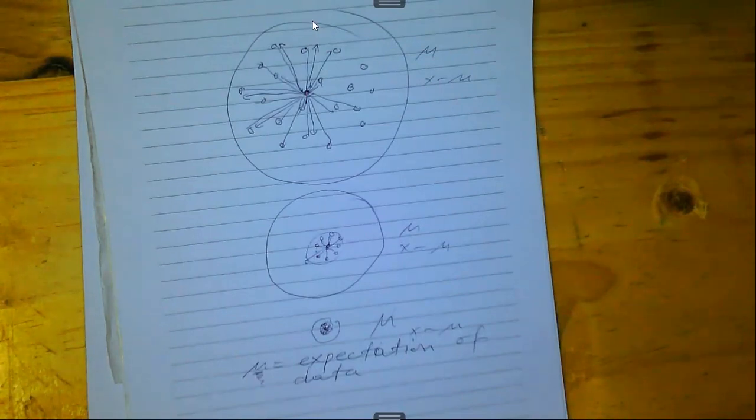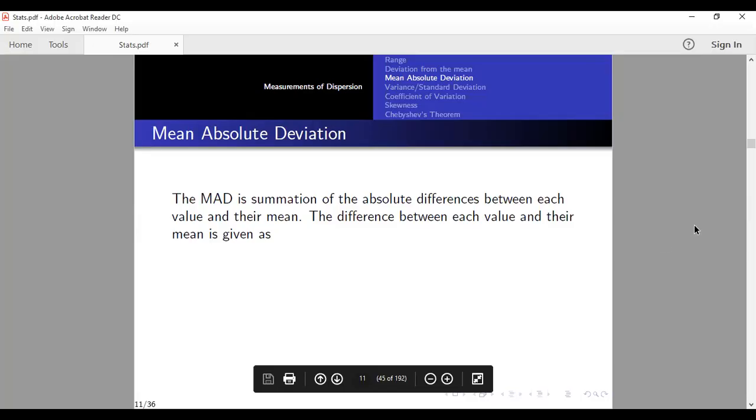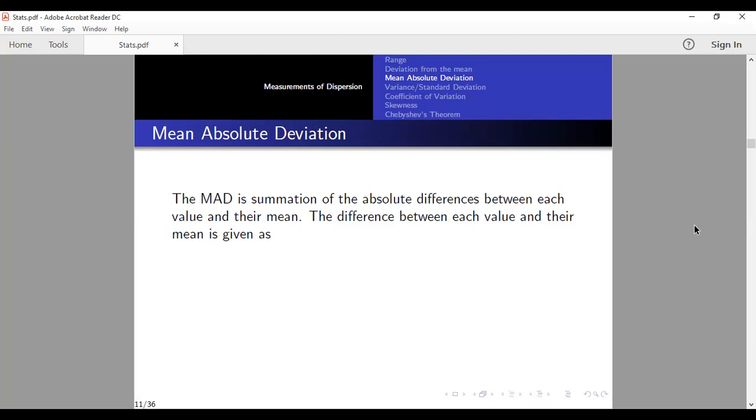We would like our data to always have low variability. That way, we avoid having any form of bias.